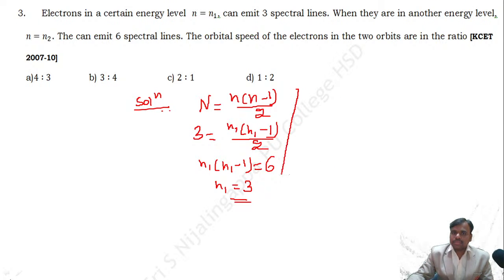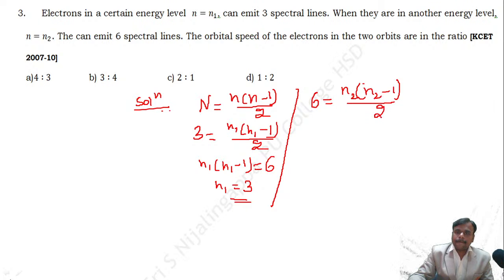By using this method, we can also calculate the n2. That means by using the relation N is equal to n into n minus 1 by 2. Here for the second case, how many spectral lines are emitted? 6. 6 is equal to n2 into n2 minus 1 whole divided by 2.